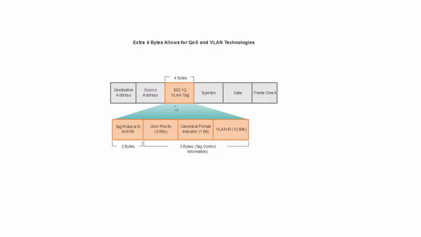And of course, virtual LANs are detailed in future courses, but they are not part of our course here. What we need to know is that 802.3 defines 4 extra bytes that are used for virtual LANs.